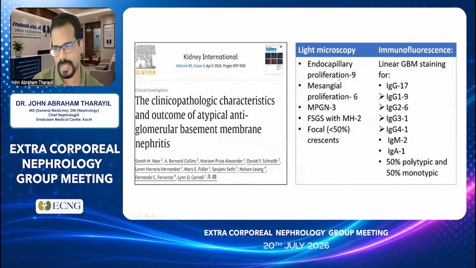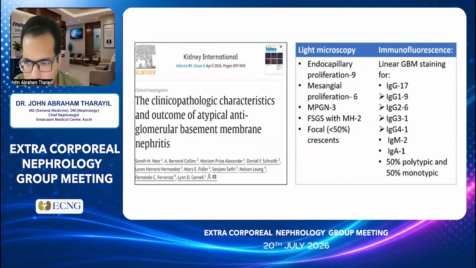The most common finding in light microscopy is endocapillary proliferation, as you can see. And the most common immunofluorescence finding is IgG1 and IgG2. In typical anti-GBM disease, however, the most common finding is IgG3 followed by IgG1.